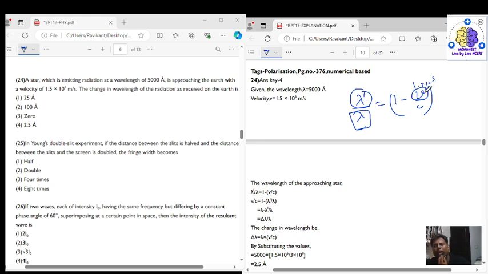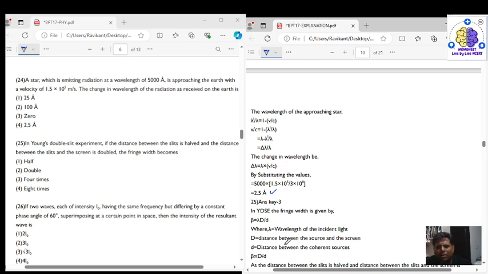This is the speed of the star with which it is approaching the earth, and c we know as 3 into 10 to the power of 8. Putting the values here, we get lambda dash is equal to 2.5 angstrom. So the correct answer for question number 24 is option 4, that is 2.5 angstrom, right?